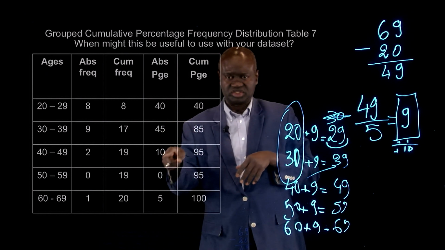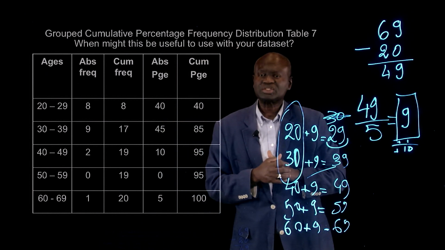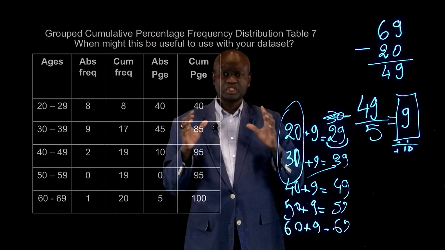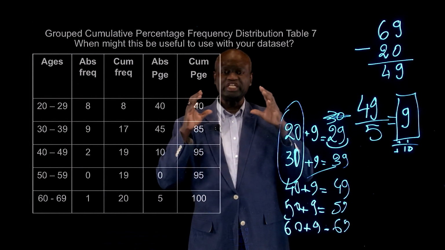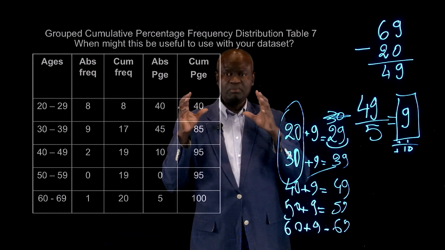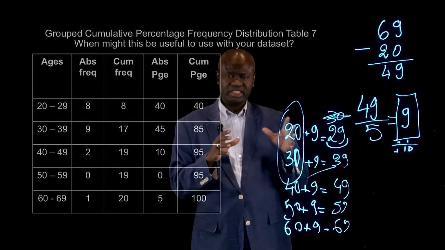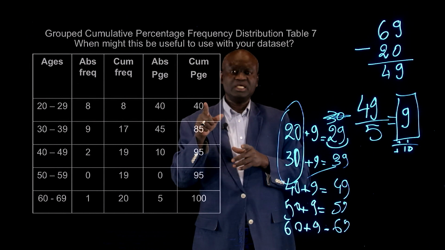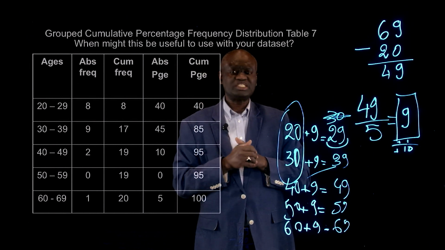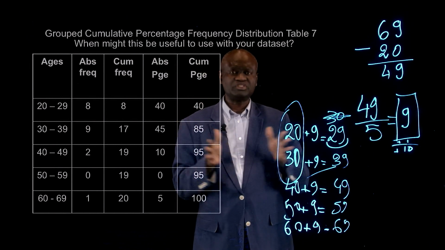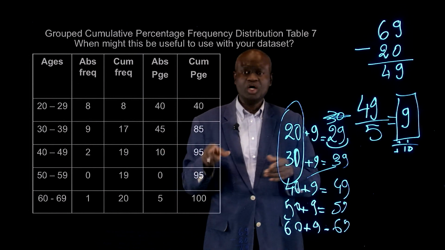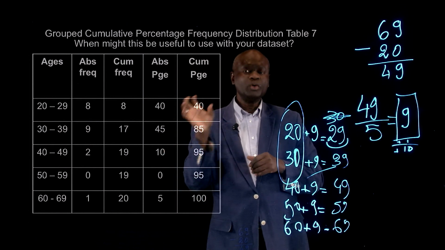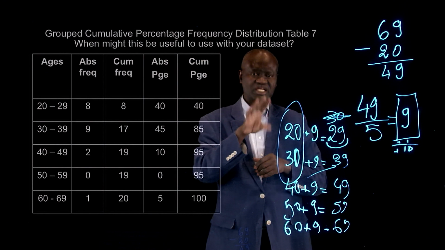At the end here, if you do not get 100, there is an error somewhere, and mostly it can be in these additions. Okay, so this is what is called grouped, because we want to know the age groups from 20 to 29, from 30 to 39, and so on. In the previous tables, we just said frequency table, frequency distribution table. On this one, you see grouped frequency table.